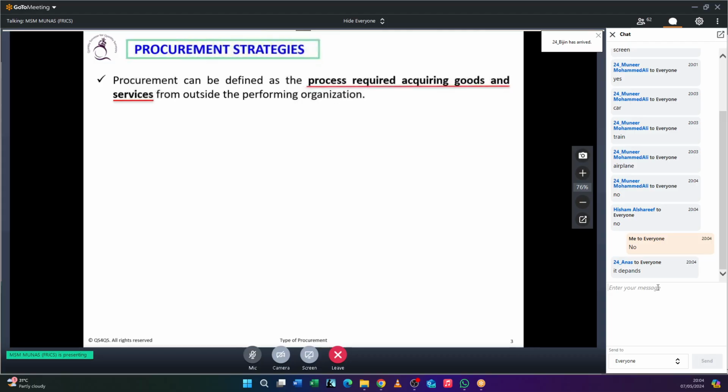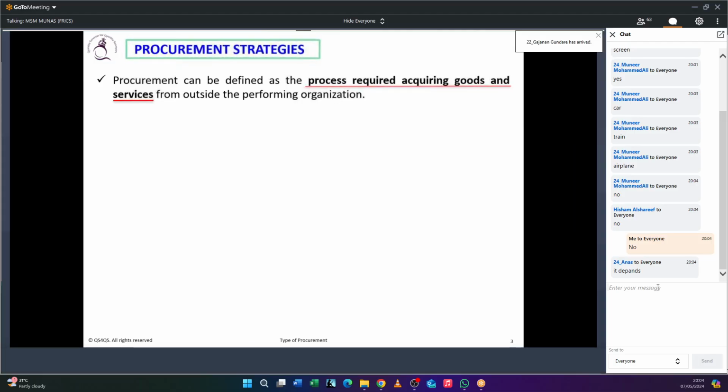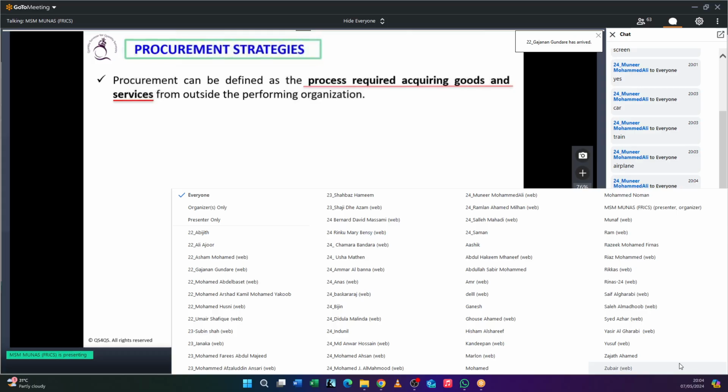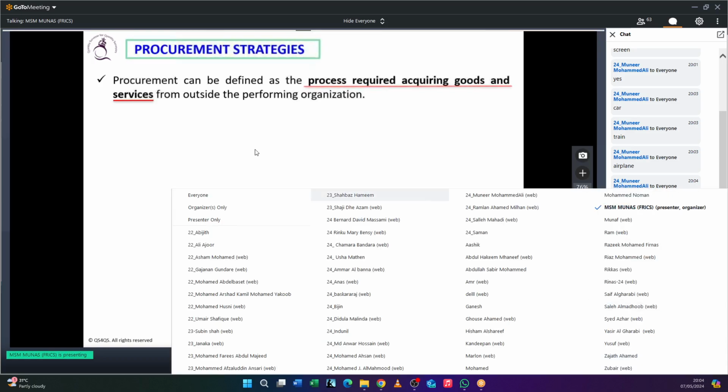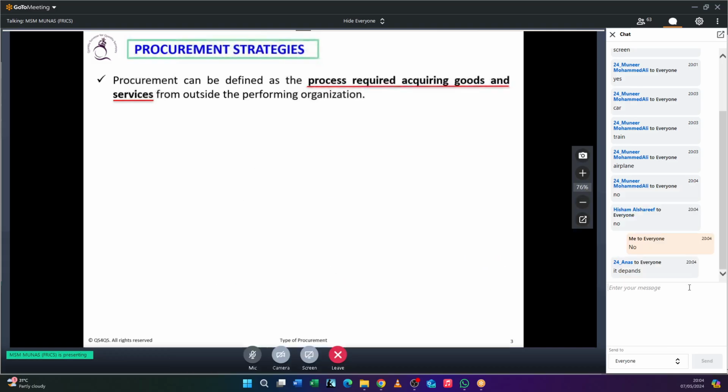So the procurements also, the strategies that you are going to understand, maybe sometimes some strategy is better than the other one. But at the end of the day, your goal or your end product remains unchanged. But depending on the situation, you might feel some option is more comfortable and better compared to the other one.